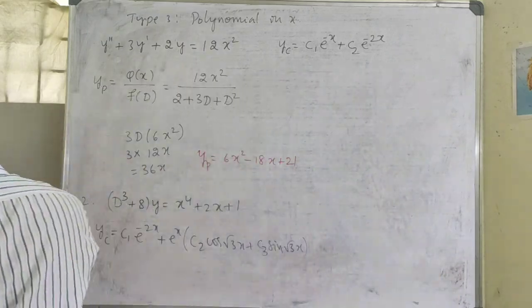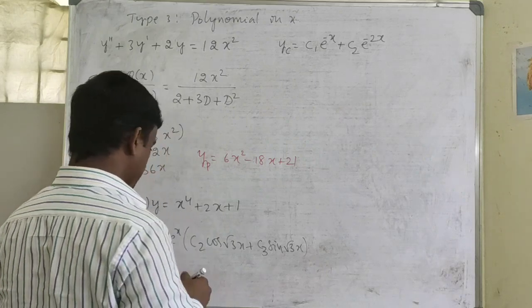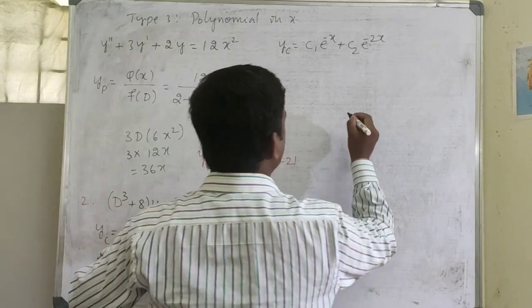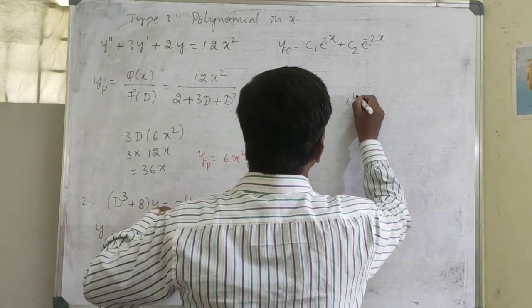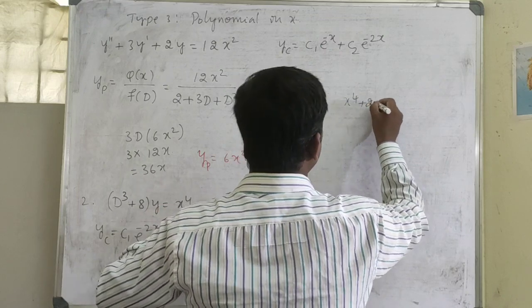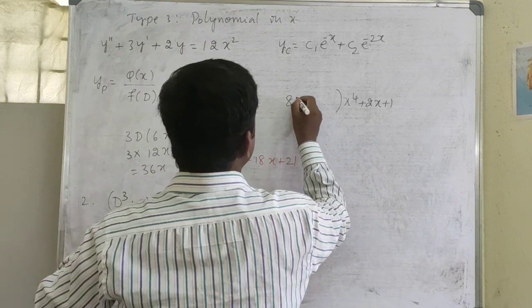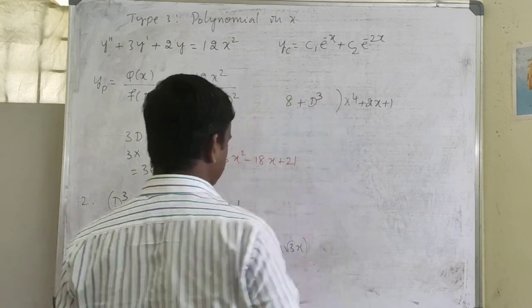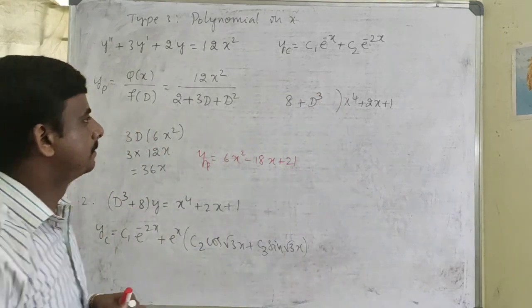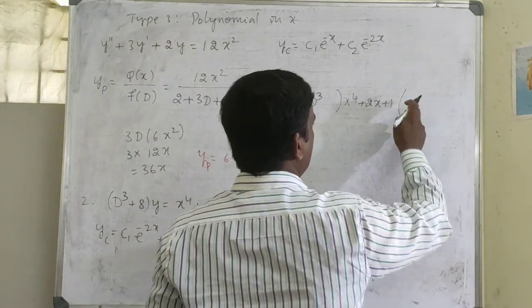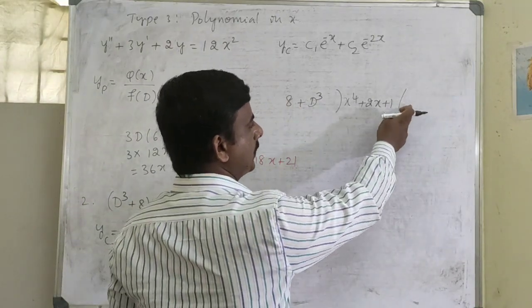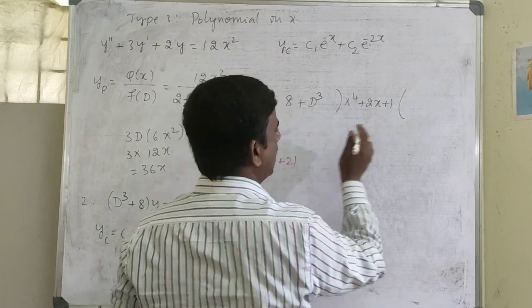Here I should divide x power 4 plus 2x plus 1 by 8 plus d cube. Now, what should I write here? I should write here x power 4 divided by 8.